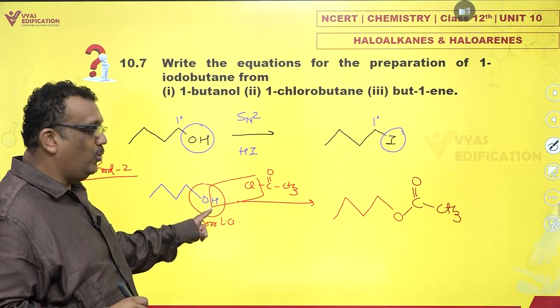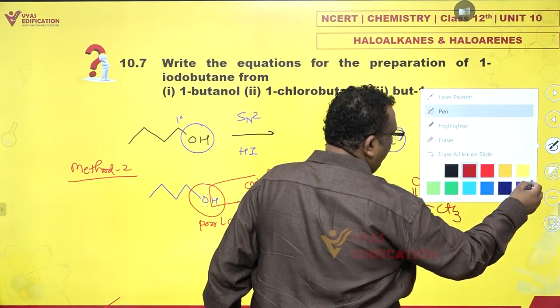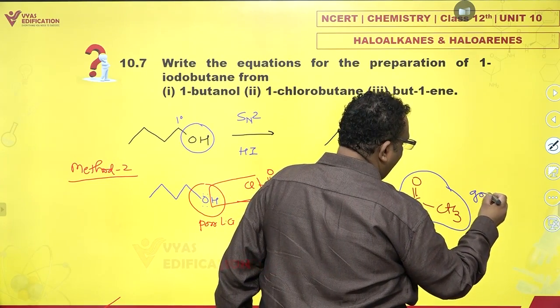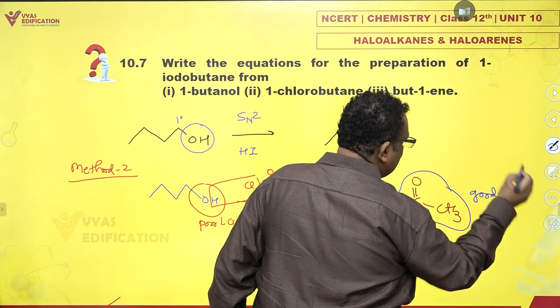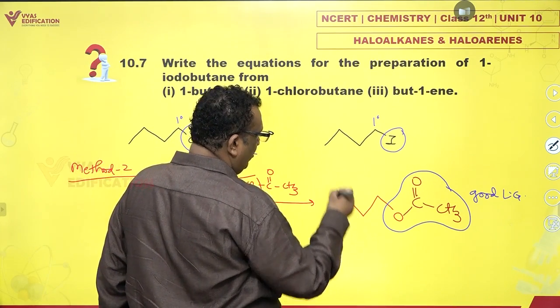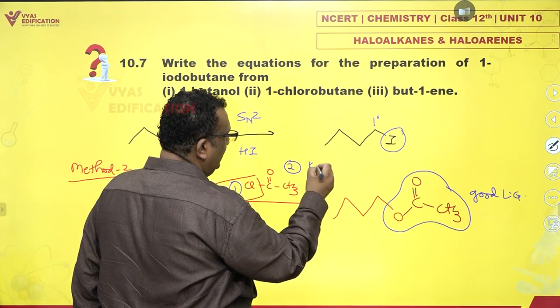Now this is no longer OH, this is OCOCH3, and this entire group is now a good leaving group. LG is leaving group. And now in the second step, you treat this with, in the first step you add this, in second step you add KI.